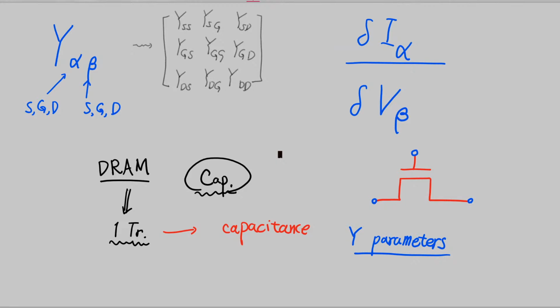Of course, we are now assuming that we are applying a sinusoidal signal into our system, and since the applied voltage fluctuation is so small, we can treat this system as a linearized system.